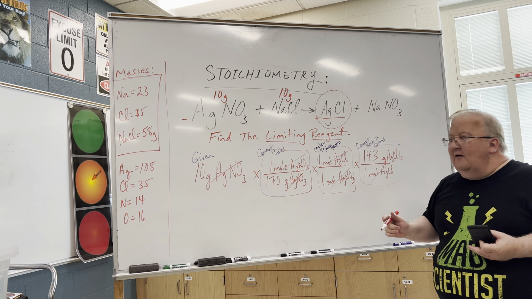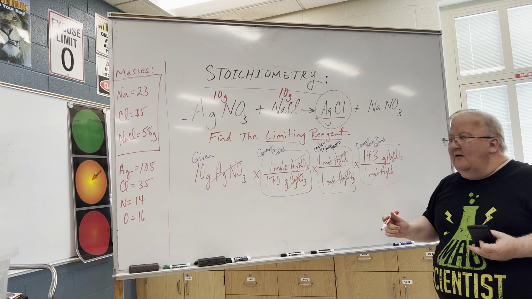So all I did was a product of the numerator and a product of the denominator. All right, and to get the final answer, you just divide the numerator by the denominator, and I'm getting 8.4 grams of silver chloride.